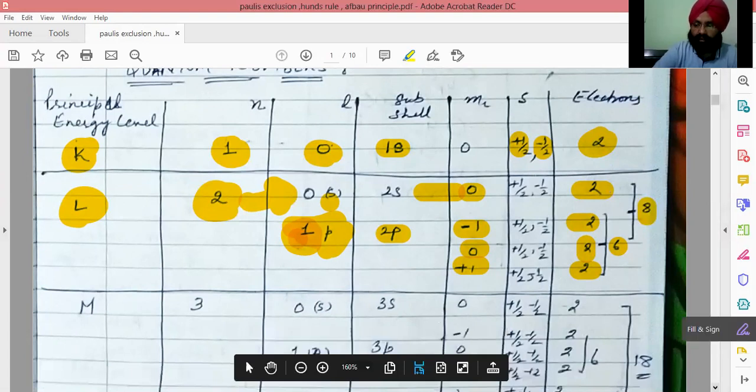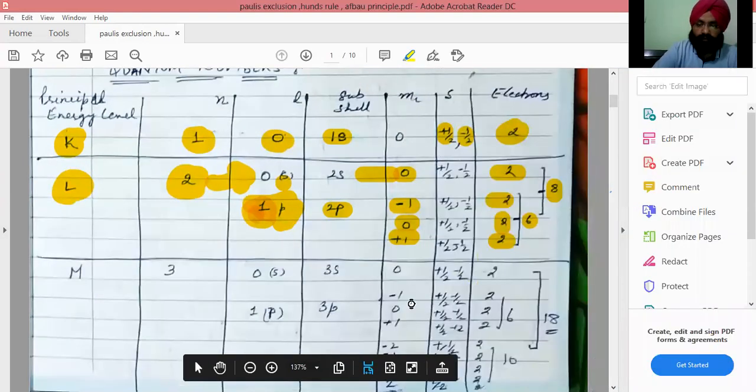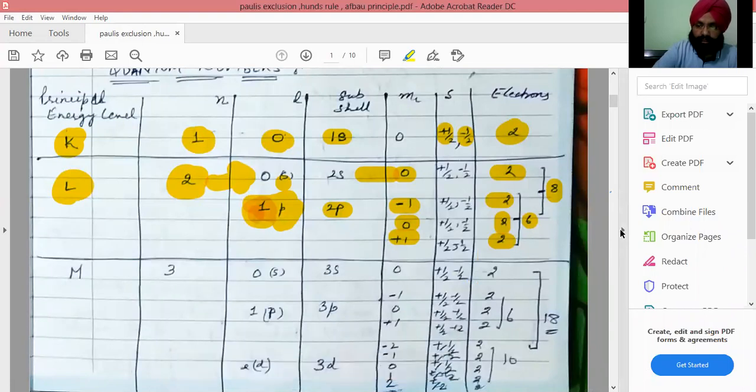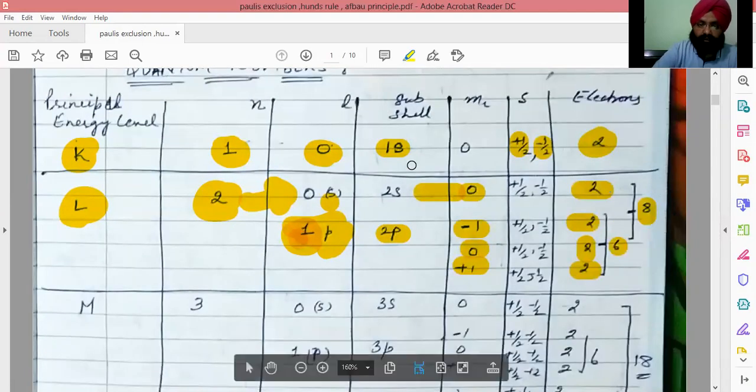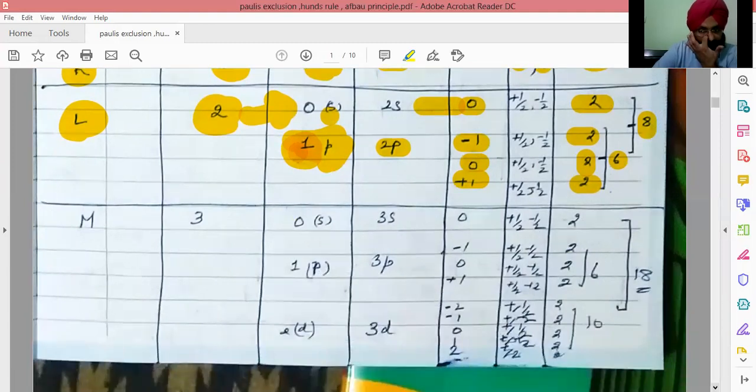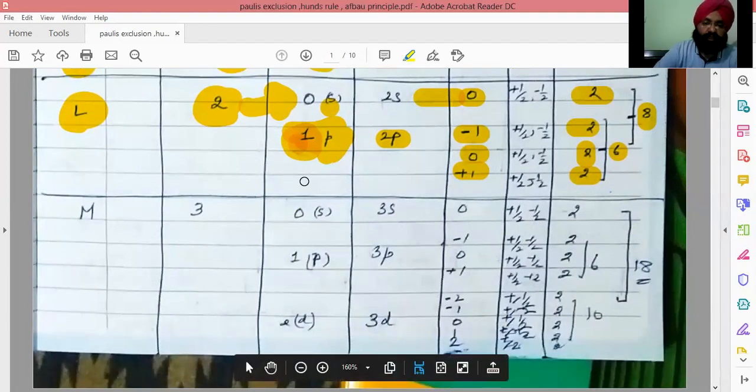Now the next is M shell. In case of shell M, the principal shell number is 3. Now for n equal to 3, L can have values 0, 1 and 2.